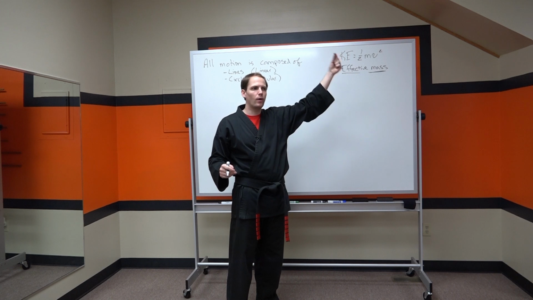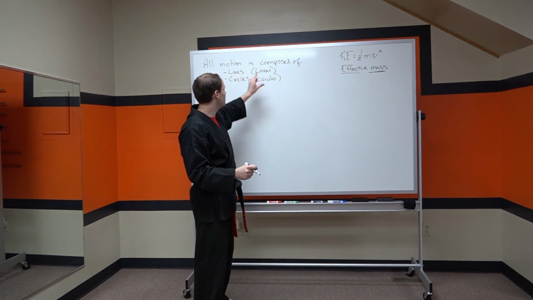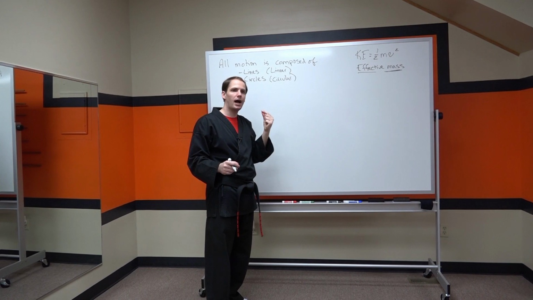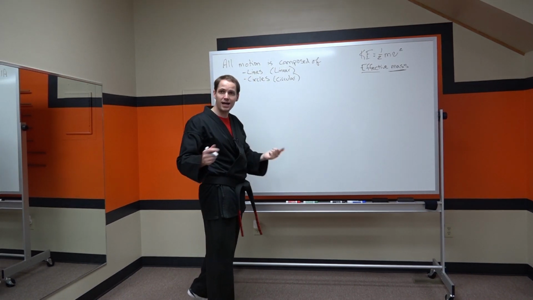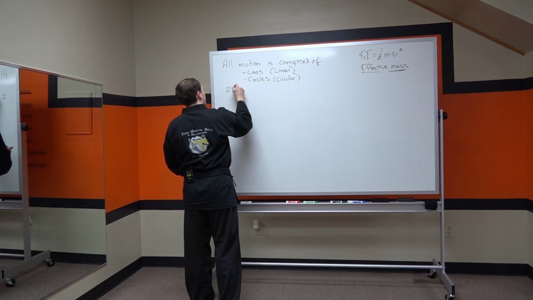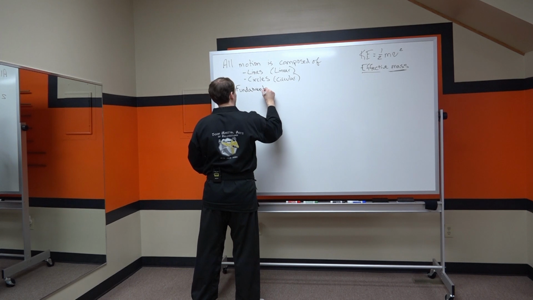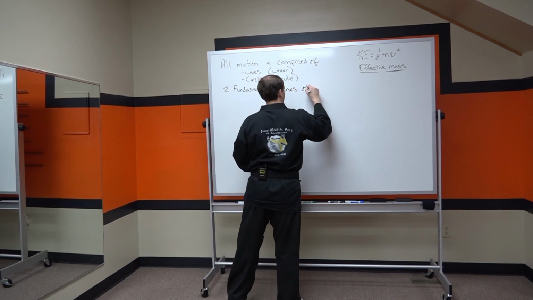And there's different ways that you can do that. There's different movements or actions that you can perform. So now we understand that there's both linear and circular motion, and now we're going to explore motion on two fundamental planes. We have two fundamental planes of motion that we're going to work with.